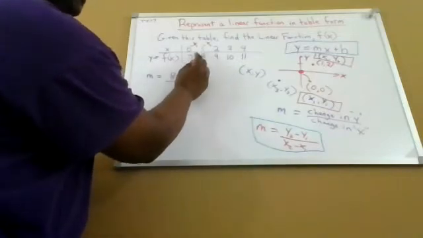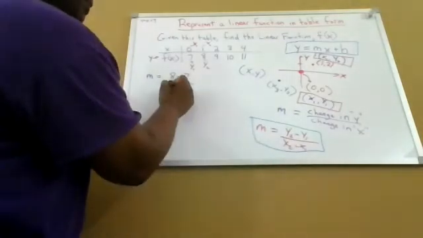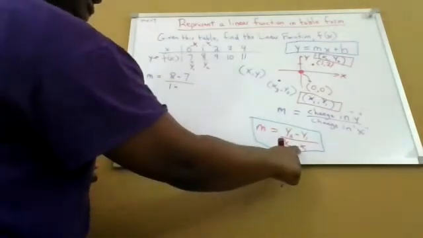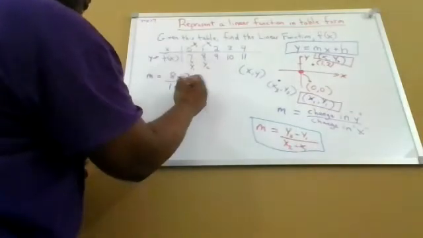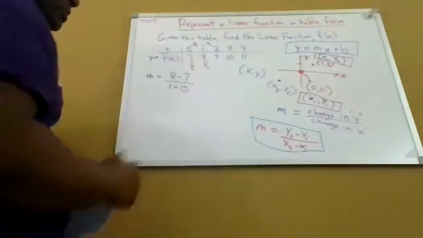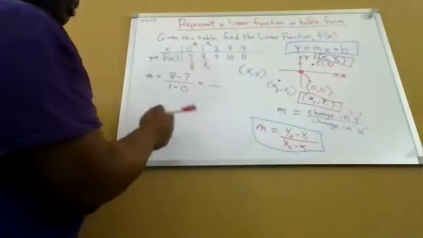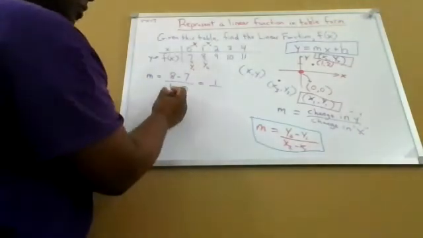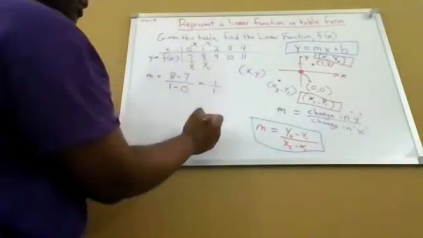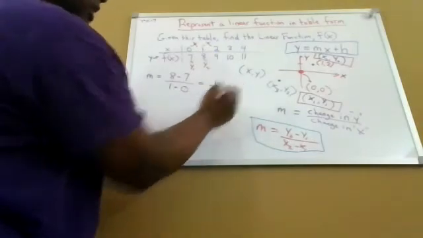Well, my x2 is equal to 1, then minus x1. x1 here is equal to 0. So now this gives me, for my numerator, 8 minus 7 equals 1, and 1 minus 0 equals 1. And now 1 divided by 1 equals 1.